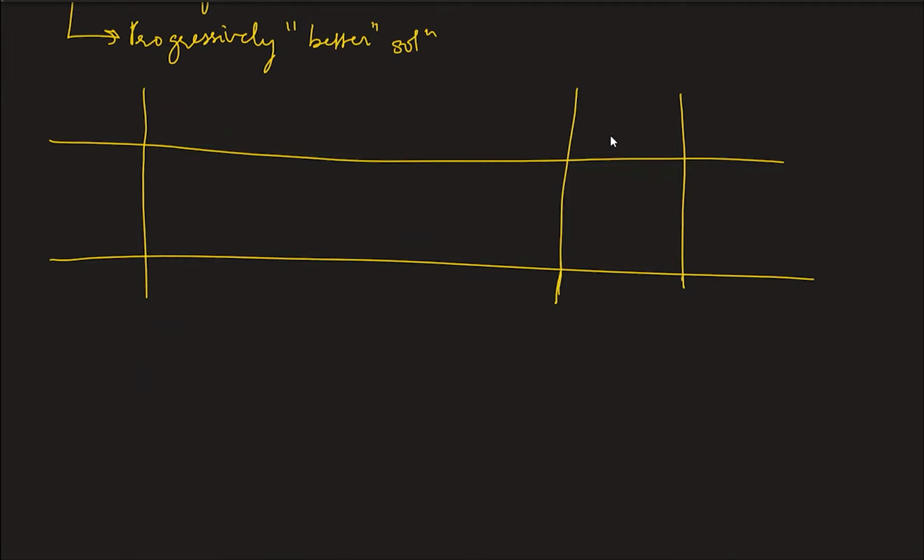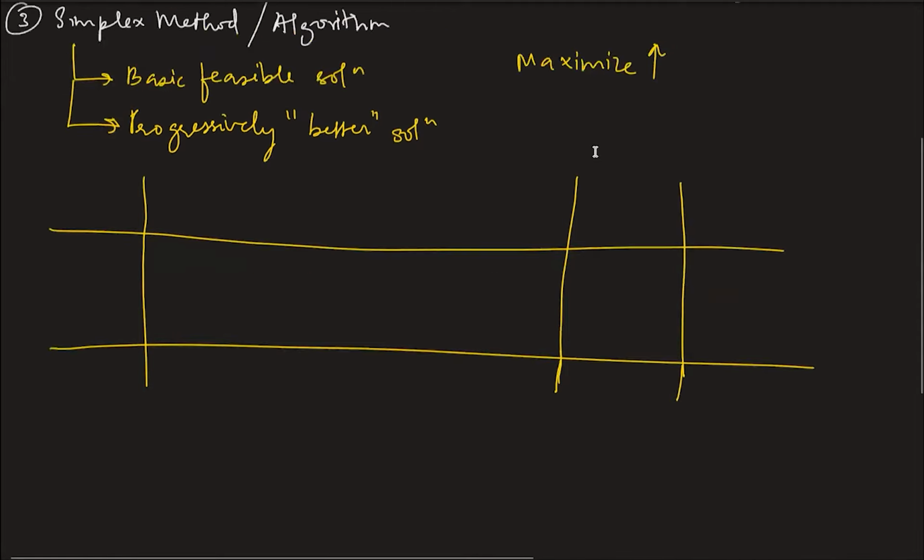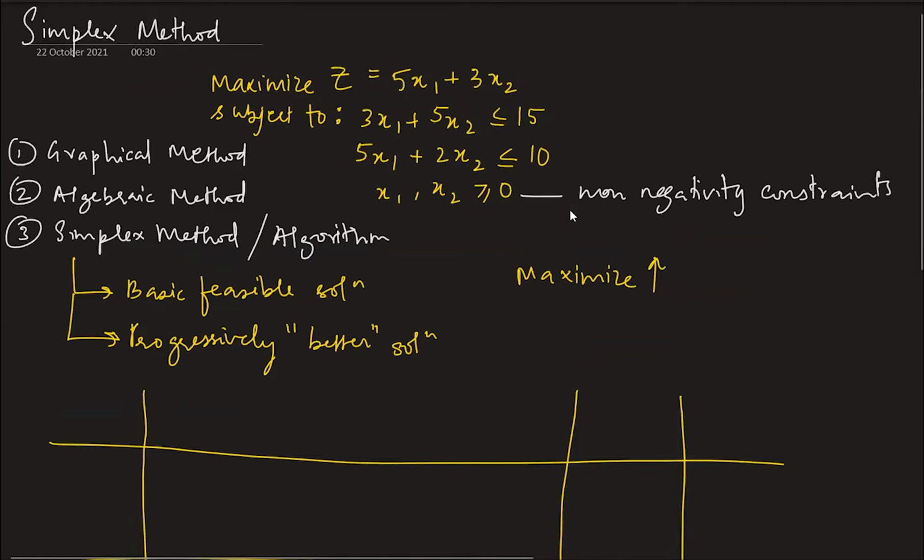Before we proceed with this tableau, we have to make the inequalities equalities. We have to introduce slack variables. So 3x1 plus 5x2 is less than equal to 15, but it can be made equal to 15 if I introduce an amount that is just enough to make it equal.